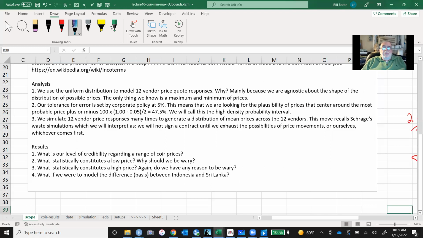What is the level of credibility regarding the range? Beautiful. What statistically constitutes a low price or a high price? And what's our concern with these? And if we were to model the difference between Indonesia and Sri Lanka, well, that's another interesting problem that we could take up.